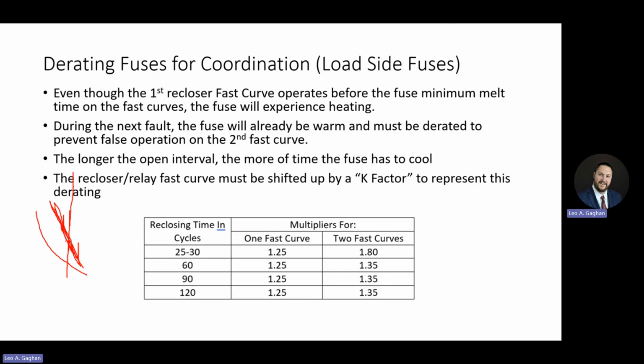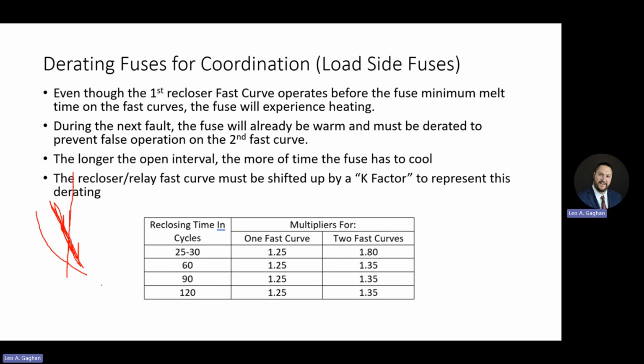We may not have even gotten to the minimum melt. We haven't damaged it, but it's still warm. Depending on how long this open interval is, how long it is before it closes back in, that really determines how long it has to cool back down.